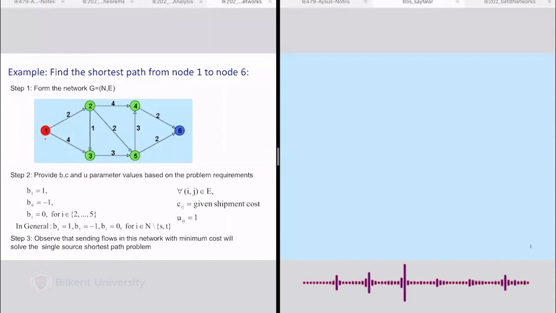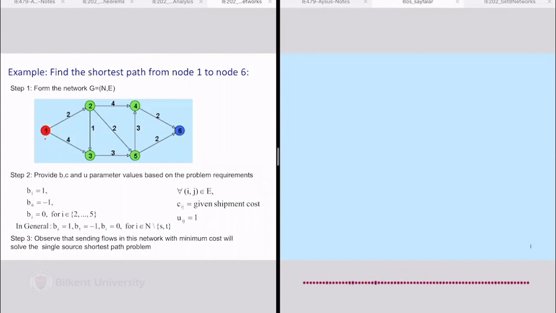Now, B is how much supply each node has and how much demand each node has. I'm trying to find a path from S to T with minimum total cost. So if I send 1 unit from S, and if T requires 1 unit, then my MCNFP formulation will dispatch 1 unit from S and absorb 1 unit in T. That's what I want.